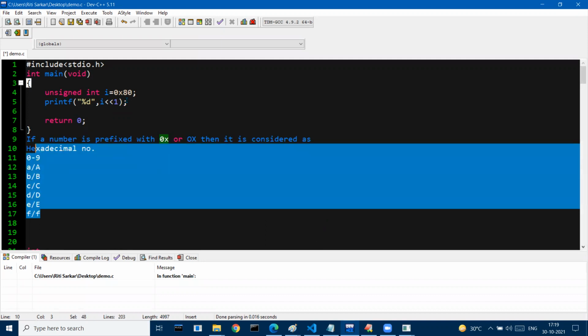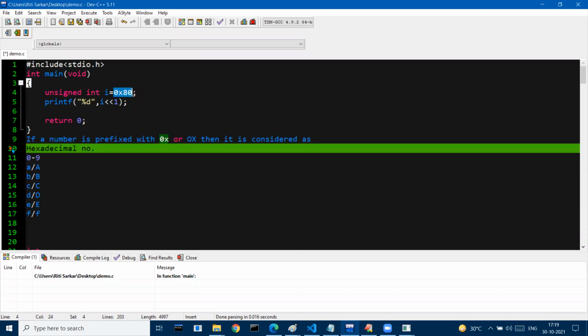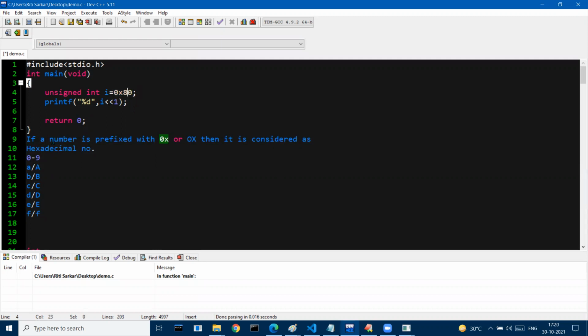This is a hexadecimal number. Now, whenever we keep any hexadecimal number here, whenever it is stored in the variable, it will automatically convert it to a decimal number. If a number is prefixed with 0x or capital 0X, it indicates the number as a hexadecimal number.